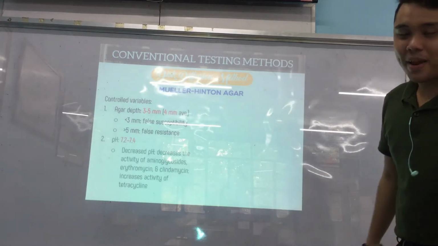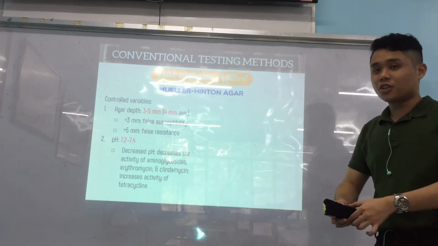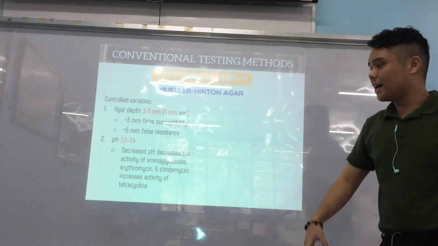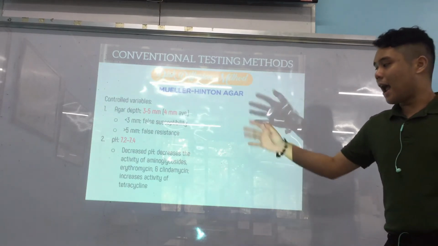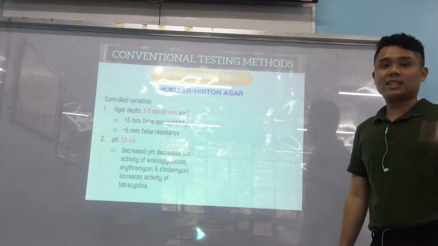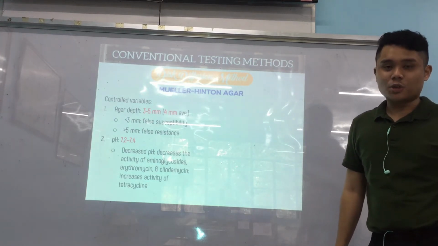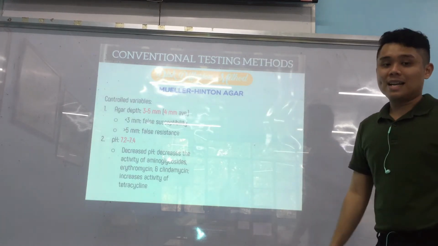Okay. Next, you have pH, dapat 7.2 to 7.4 because if decrease mo pH, there are certain antibiotics kani sila na ma-decrease ang activity, okay, which could lead to false resistance, and naay antibiotic na tetracycline na mo-increase yung activity if less ang pH. So it's important na makontrol ang pH between 7.2 to 7.4 lang. Okay.